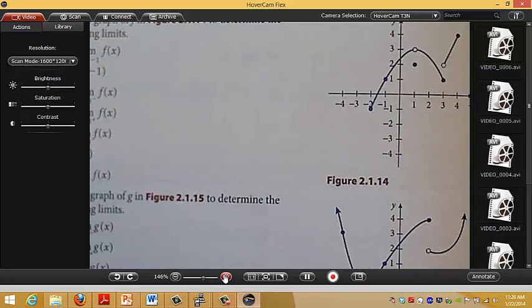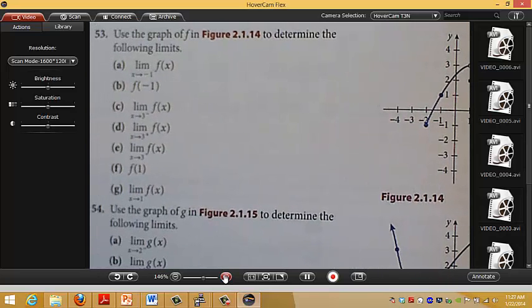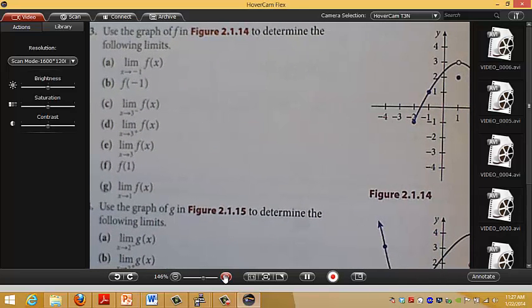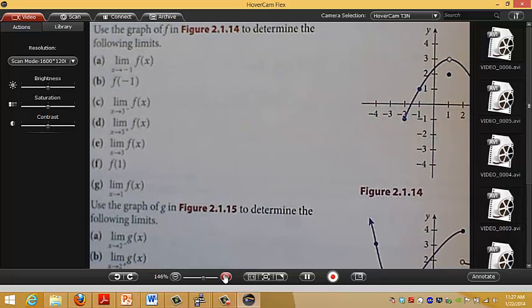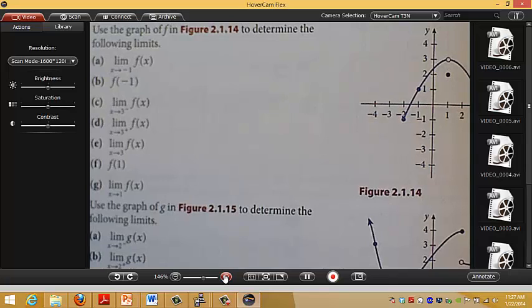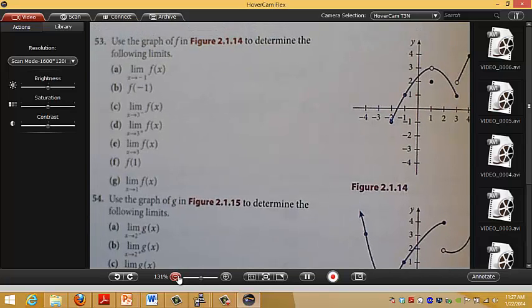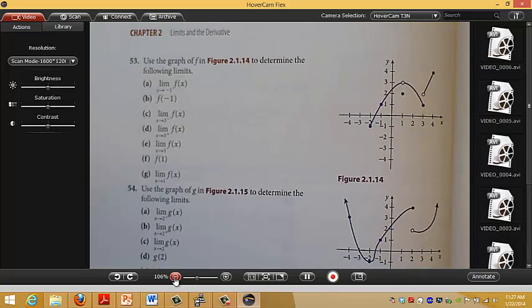There's the picture. In part C, they say, what's the limit as I approach from the negative side? And in part D, from the positive side.